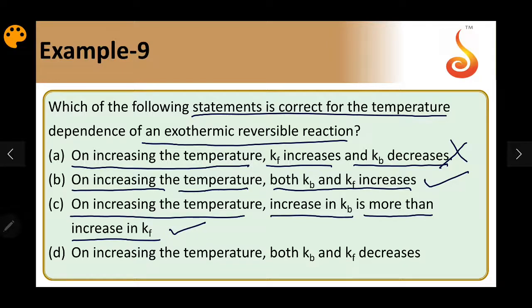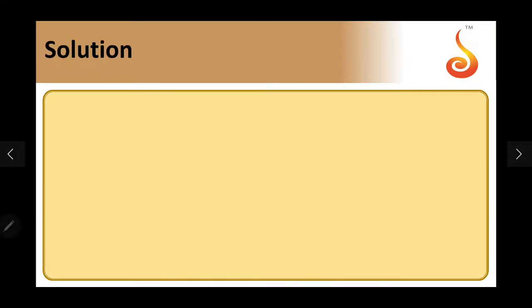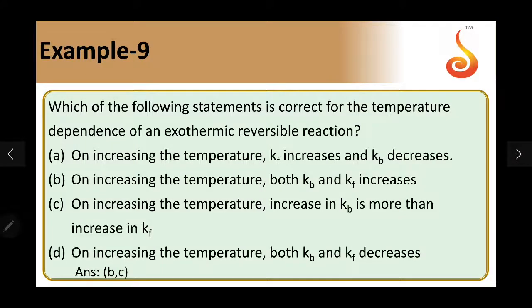So the increase in Kf will be less compared to the increase in the value of Kb as temperature is increased. On increase in the temperature, both Kb and Kf will decrease, which is wrong. So answer is B and C. It's a conceptual question. B and C.